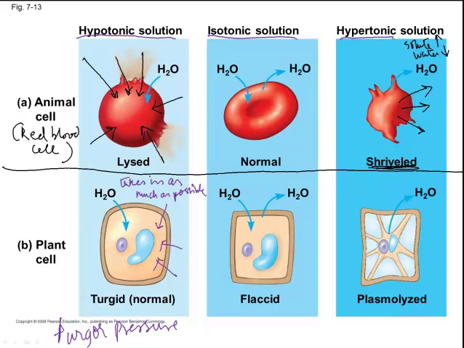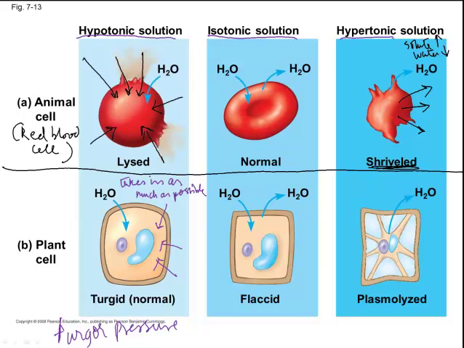In hypotonic solution, water will go in. In isotonic solution, water going in and out is equal. In hypertonic solution, water will come out, but how they react to that, what results from that, is varied in a plant cell and an animal cell, and it makes more sense for you to understand and remember that very, very well.